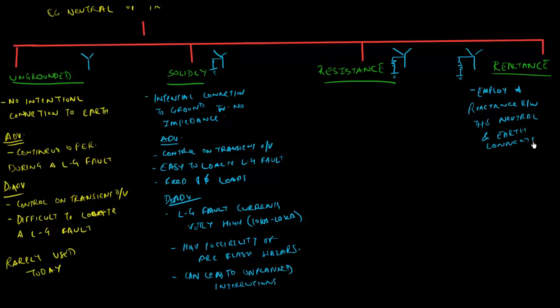So that's what we showed up here. There is a reactance between the neutral and the earth connection. These are rarely used, and a resistance grounded system, which we'll now discuss, has a lot more advantages.